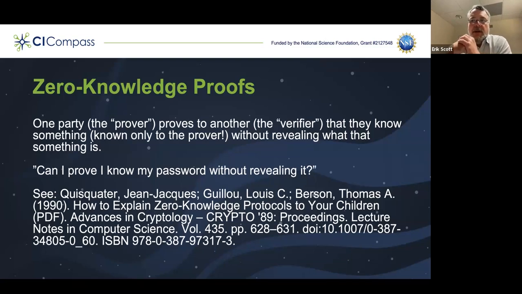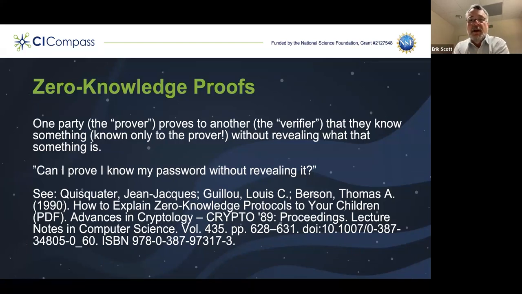So you have two parties in a zero knowledge proof. The prover is the entity that wants to prove that they know a secret. And you have a verifier who does not know that secret and can never know that secret.